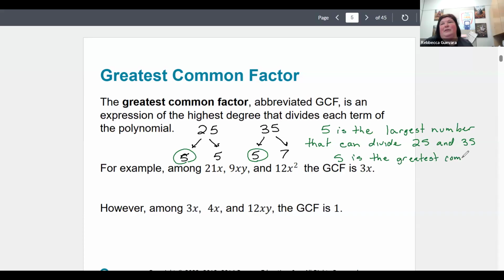Remember that when we talk about factors, what we have here and here, those are factors. Factors are just numbers that we can divide into the original number. So 25 is divisible by 5 and 5, or you can also say 5 and 5 multiplied to give you 25, making those the factors.